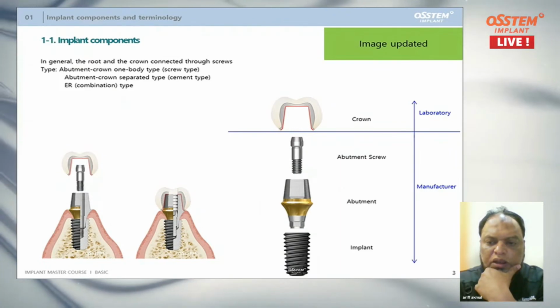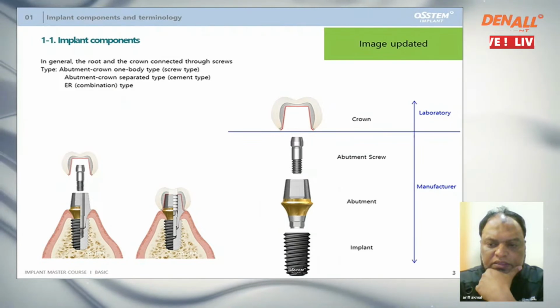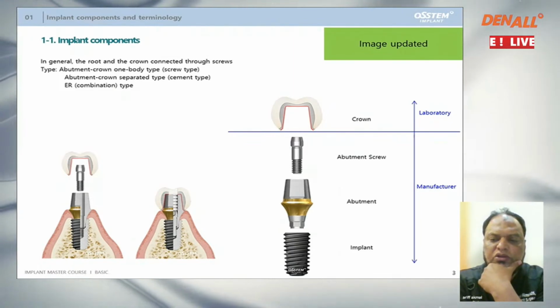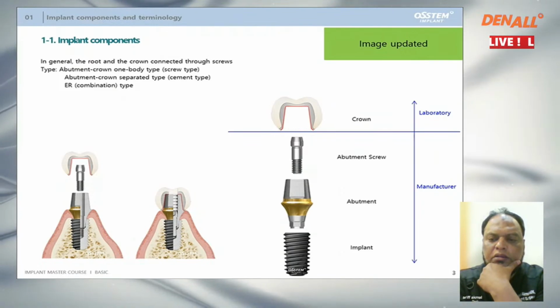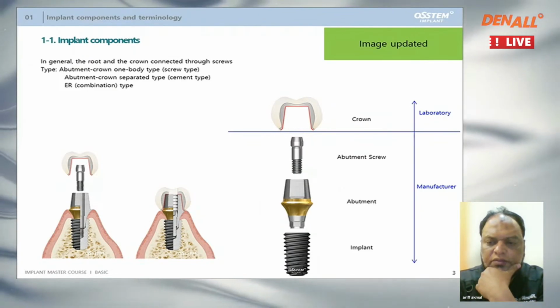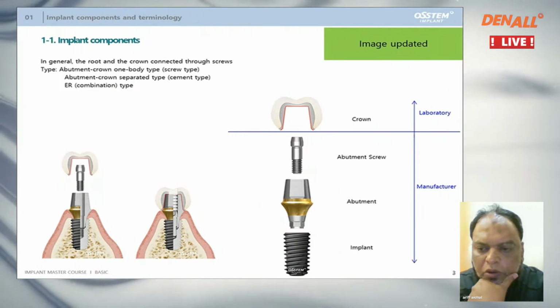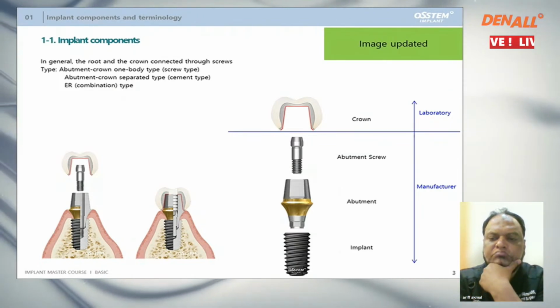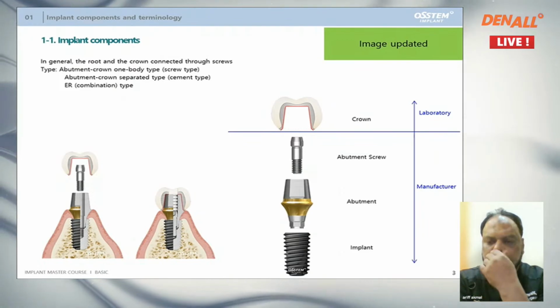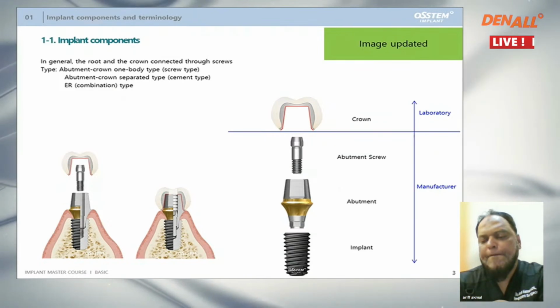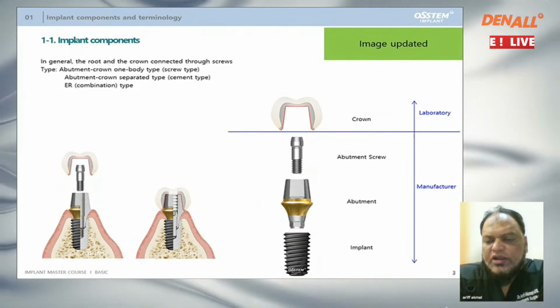I was having only one handpiece, and I started doing the osteotomy. The first drill was okay. With the second drill, I could see all the ball bearings coming out in the patient's mouth, and the drill was hardly rotating. What shall I do now?